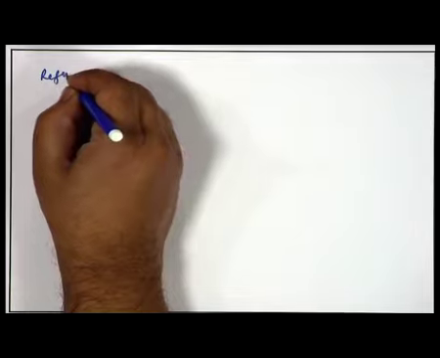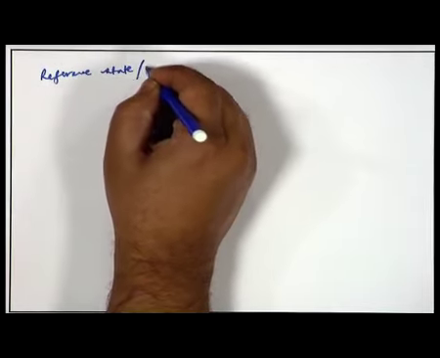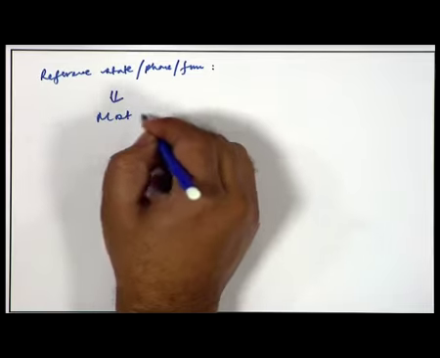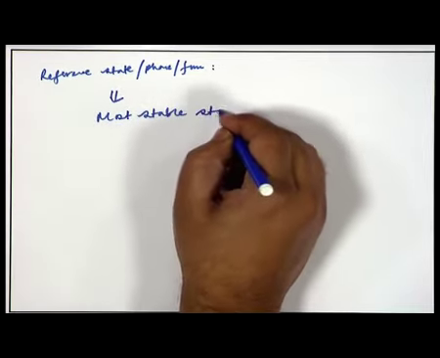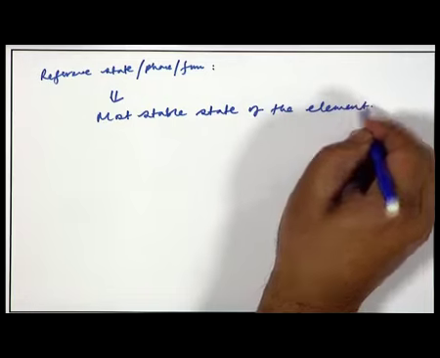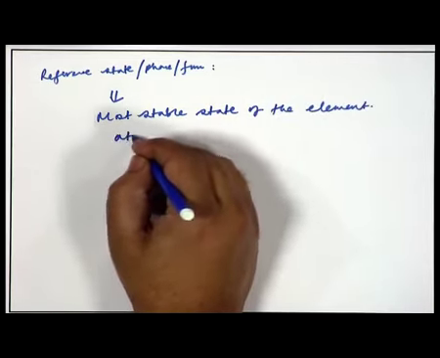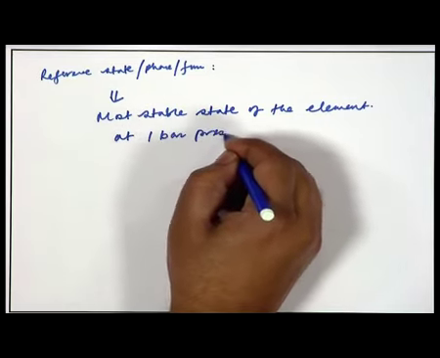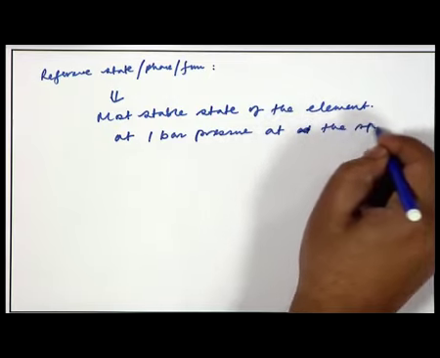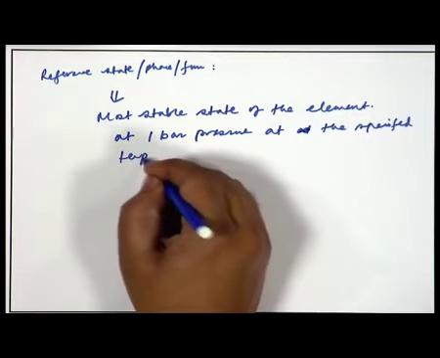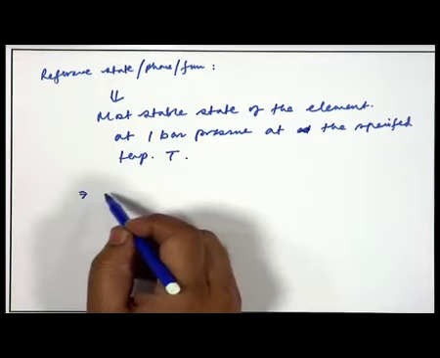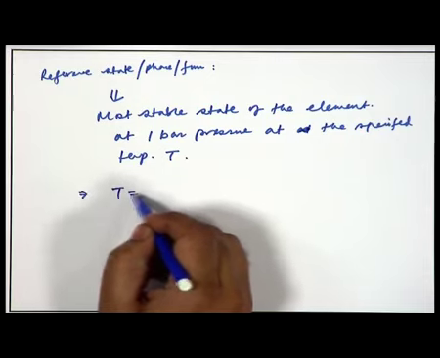The reference state or phase or form is the most stable state of the element at 1 bar pressure and at the specified temperature T. Now, if the temperature is not mentioned, like in your textbook, it is assumed that T is 25 degrees centigrade.